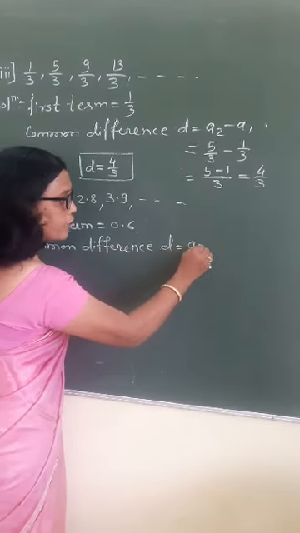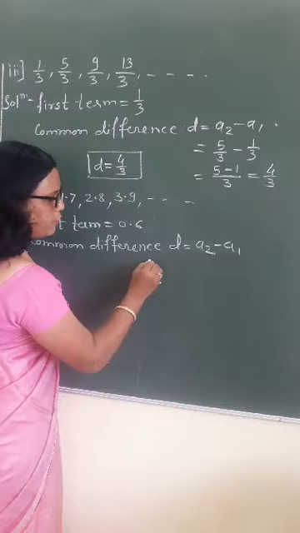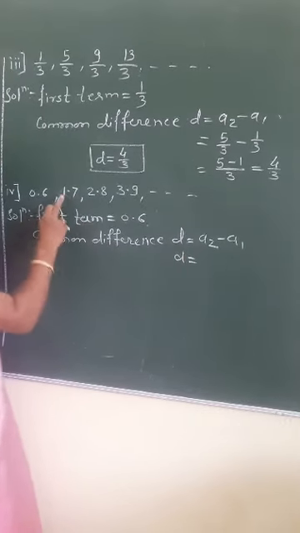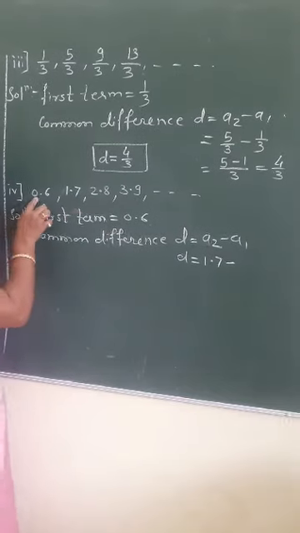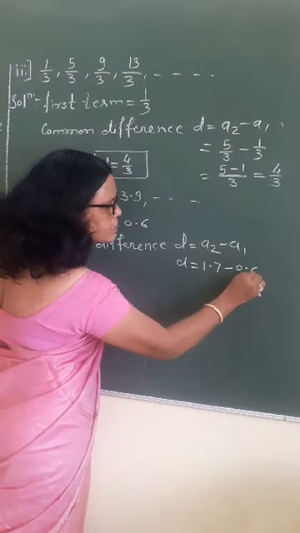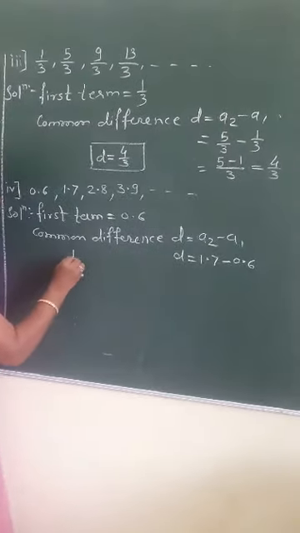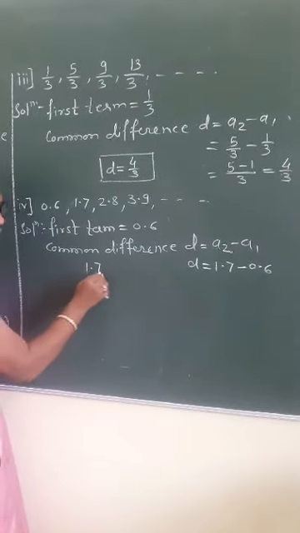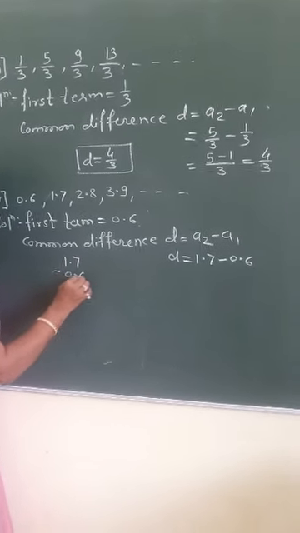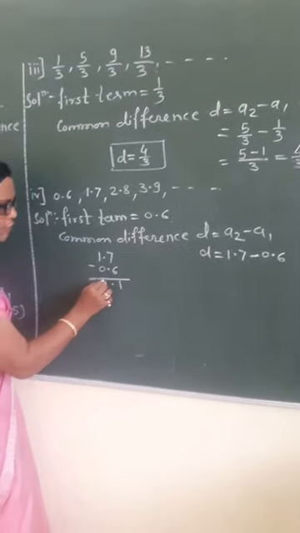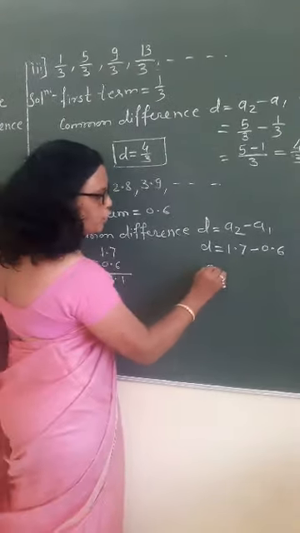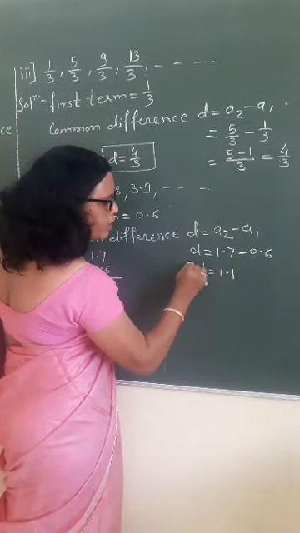The formula we have to write is A2 minus A1. So what will we get? A2 is 1.7, and A1, the first term, is 0.6. Everyone knows this subtraction, 1.7 minus 0.6. 7 minus 6 is 1, then the decimal point, and 1 minus 0 is 1. So here D is 1.1.